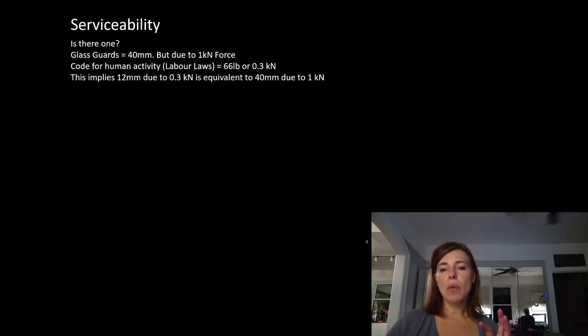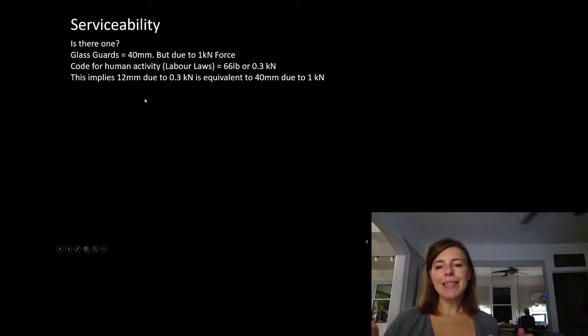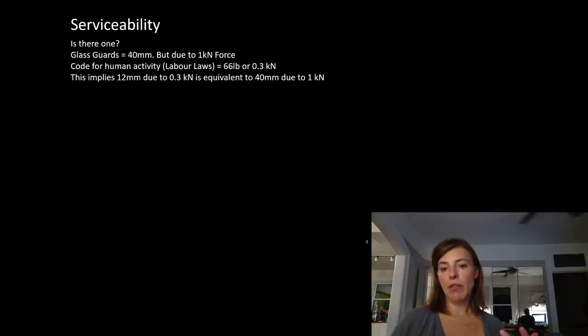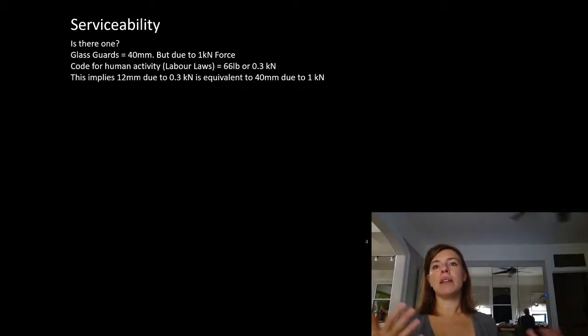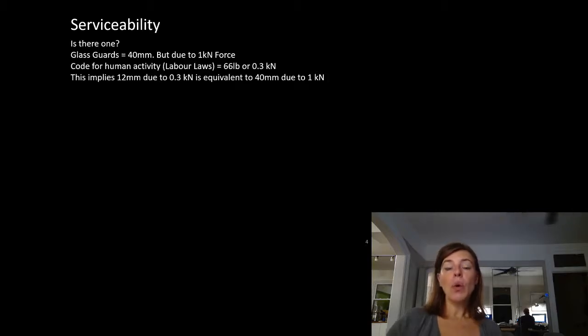That equates to about 0.3 kilonewtons. So if we rationalize that out, that says that about 12 millimeters of movement under that 0.3 kilonewtons is the equivalent of the 40 millimeters under the 1 kilonewton point load. So you'd see only about 12 millimeters if somebody was trying hard to move that guard.